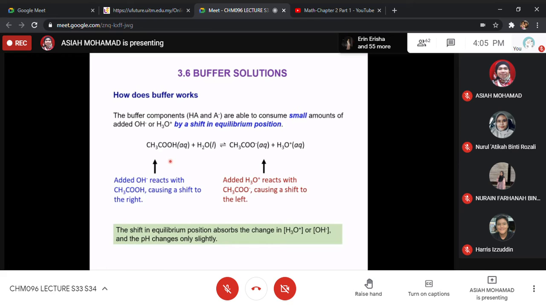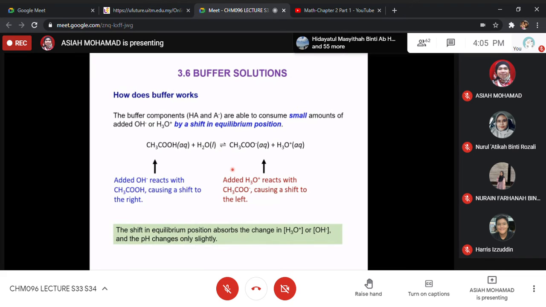This solution has the ability to neutralize either added acid or added base. If a base or hydroxide ion is added to the buffer system, the hydroxide ion will be neutralized by the acid in the buffer, causing a shift to the right.